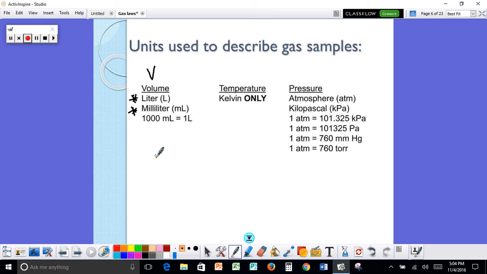However, when we deal with the ideal gas law, we need to pay attention that units should be in liters.